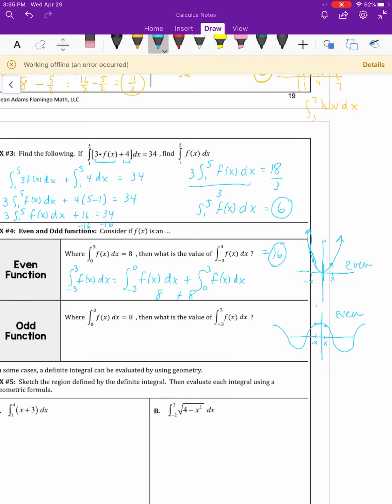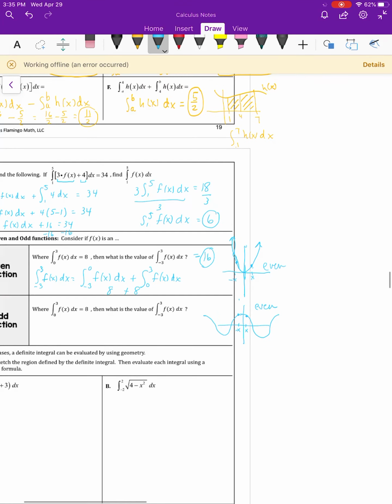And then if it's an odd function, I don't know if you remember odd. So these were both even. And if we thought about odd functions, something like, oops, that was supposed to go through 0, 0.